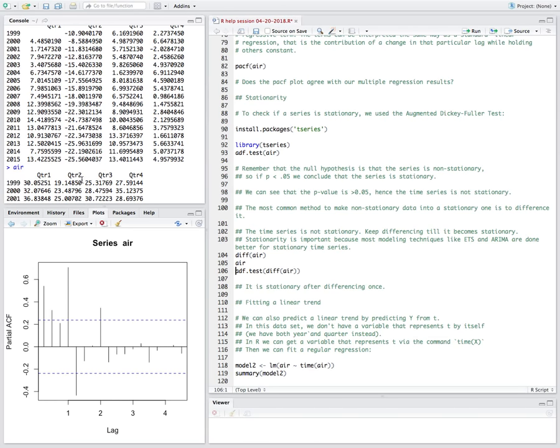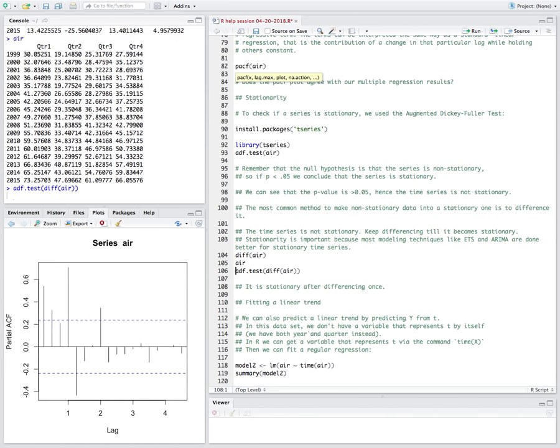Similarly, 25.31 minus 19 gives you 6.16, and 27 minus 25 gives you 2.27, and so on. So what differencing does is it basically differences your next data with the previous data. Now I'm going to run the ADF test on the diff of air and not the air.